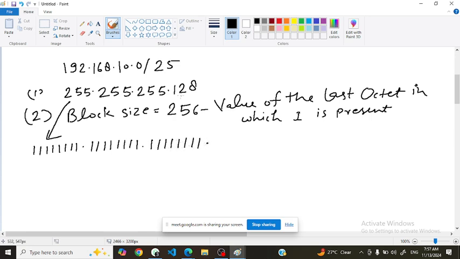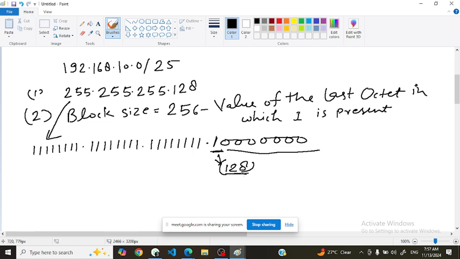And if the last value in the subnet mask is 128, only one bit will be on. The rest of them will be off. So the value of the last octet in which the one is present will be 128. What is the decimal value of this octet? 128.